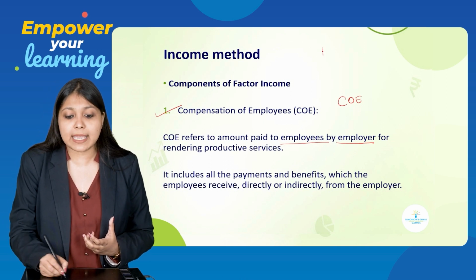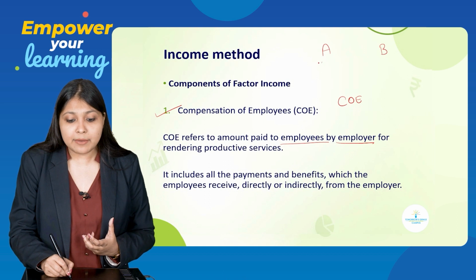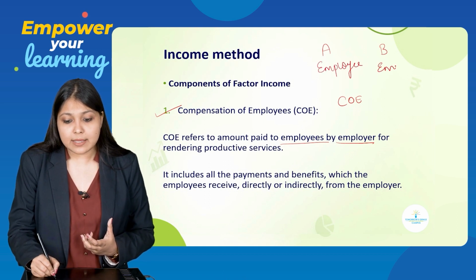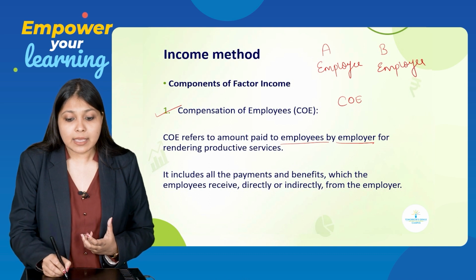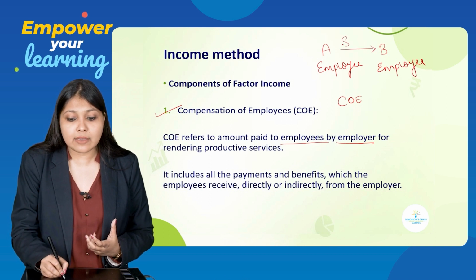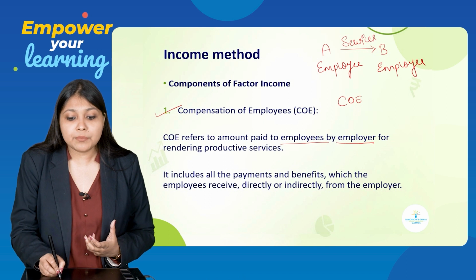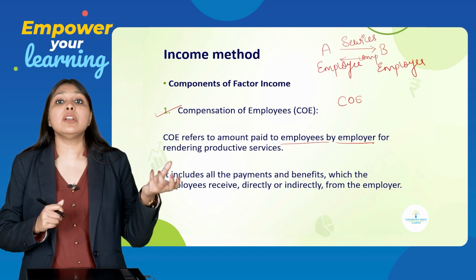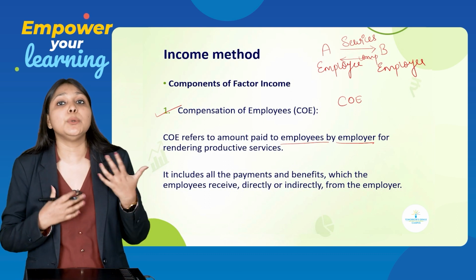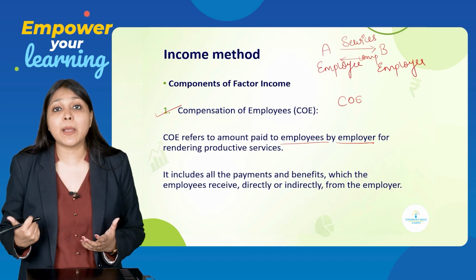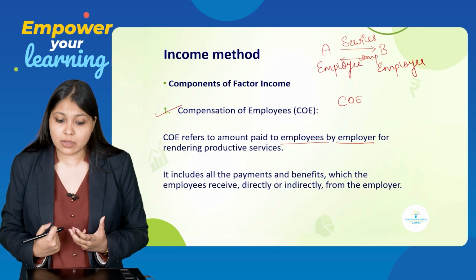Suppose A and B. A is an employee, B is an employer. A is giving services to B. So in return, what should B give to A? B should give some kind of compensation to A since A is providing services.